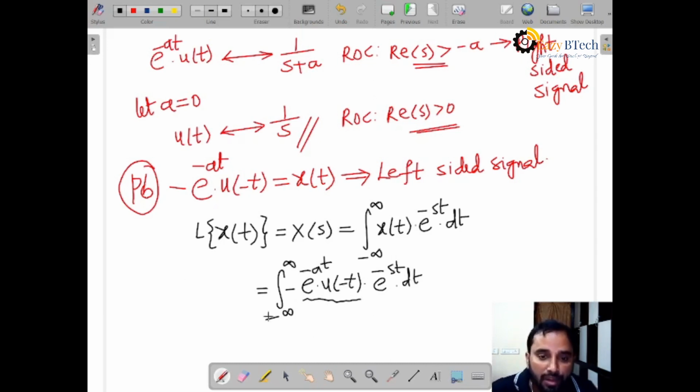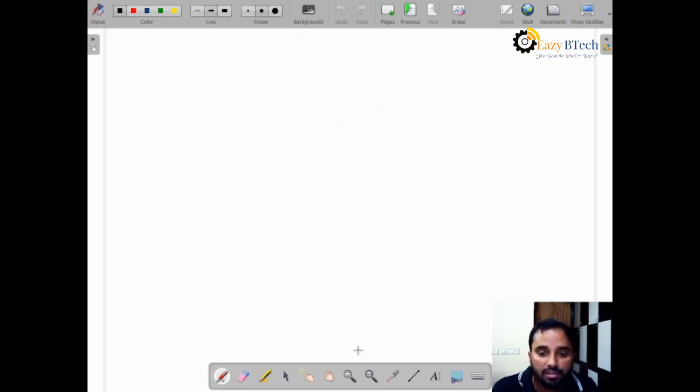Now that minus sign we can write outside, but for u of minus t we have to think about the folding of u of t. So this is u of t. Folding of u of t will become u of minus t. That's all.